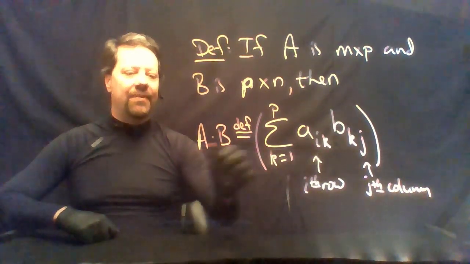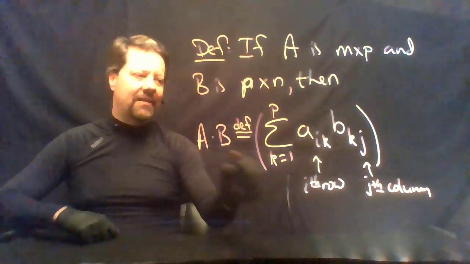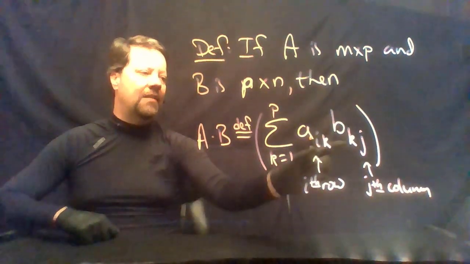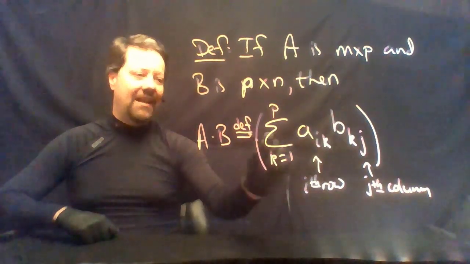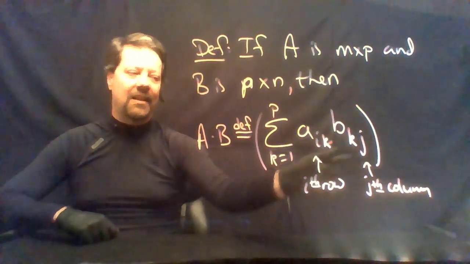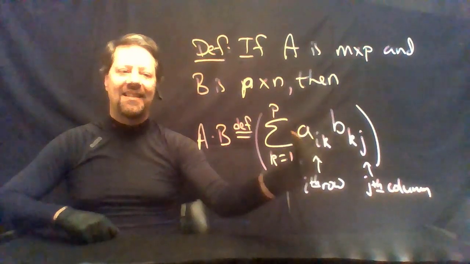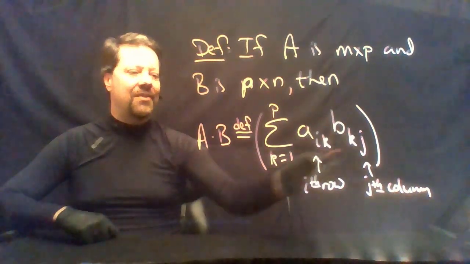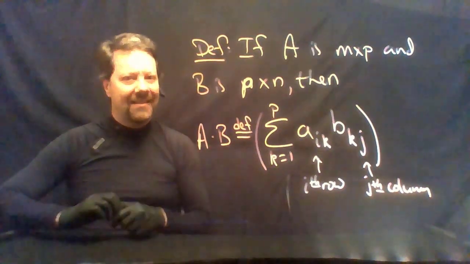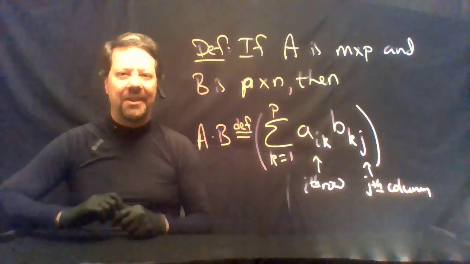So if you take the ith row of the matrix A and multiply it onto the jth column, multiplying corresponding entries of the row times the entries of the column, and then add those up, that gives you the ijth entry in the product. Let me show you specifically what I'm talking about here.